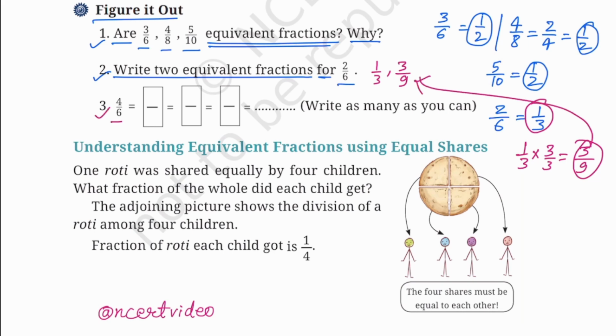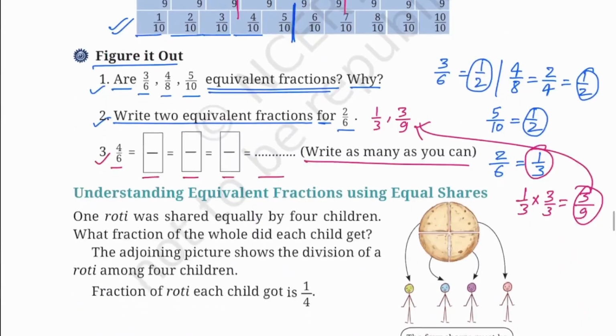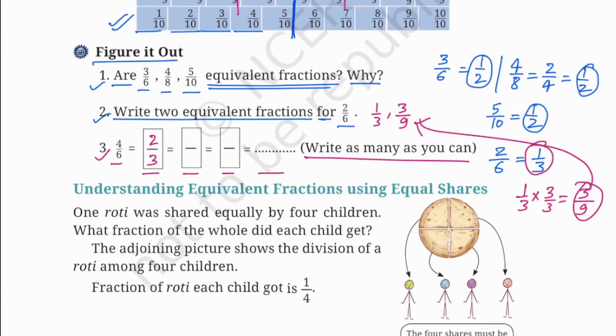4 upon 6 is equal to dash, dash, dash, and so on. Write as many as you can. 4 upon 6 is here. It is equal to 2 upon 3, 6 upon 9, and so on.